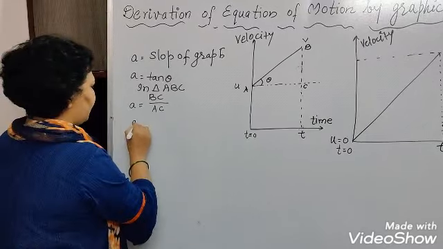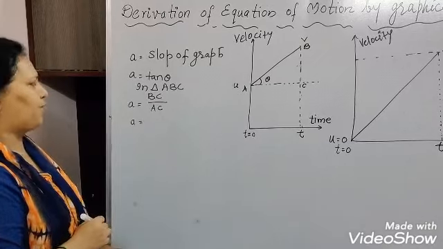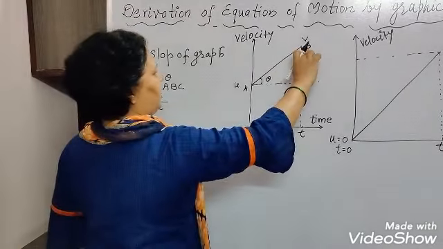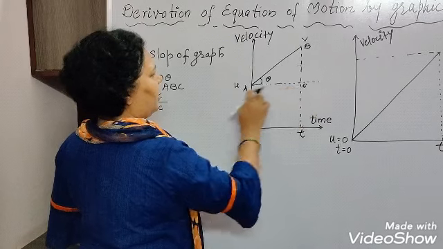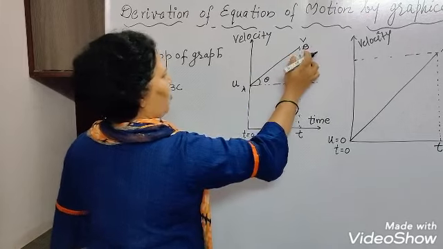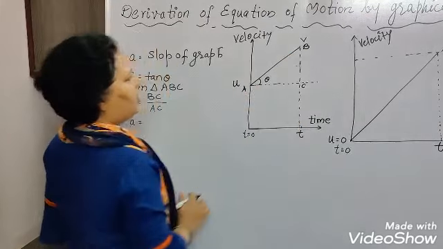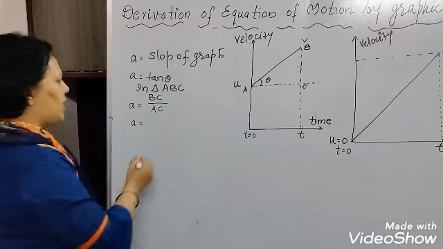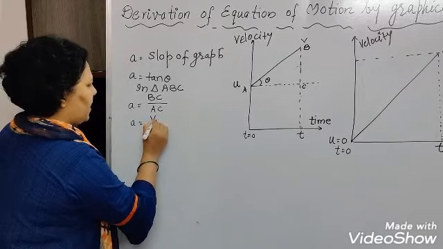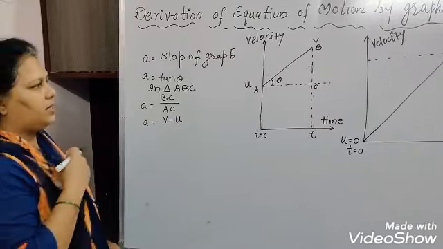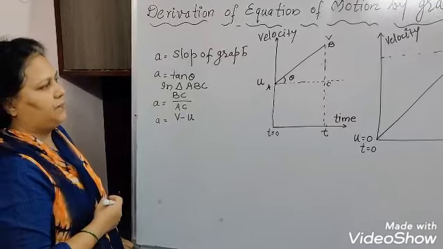Now the acceleration is equal to BC upon AC. The point C indicates the initial velocity u, and the point B indicates the final velocity v. So BC will be v minus u, final velocity minus initial velocity.